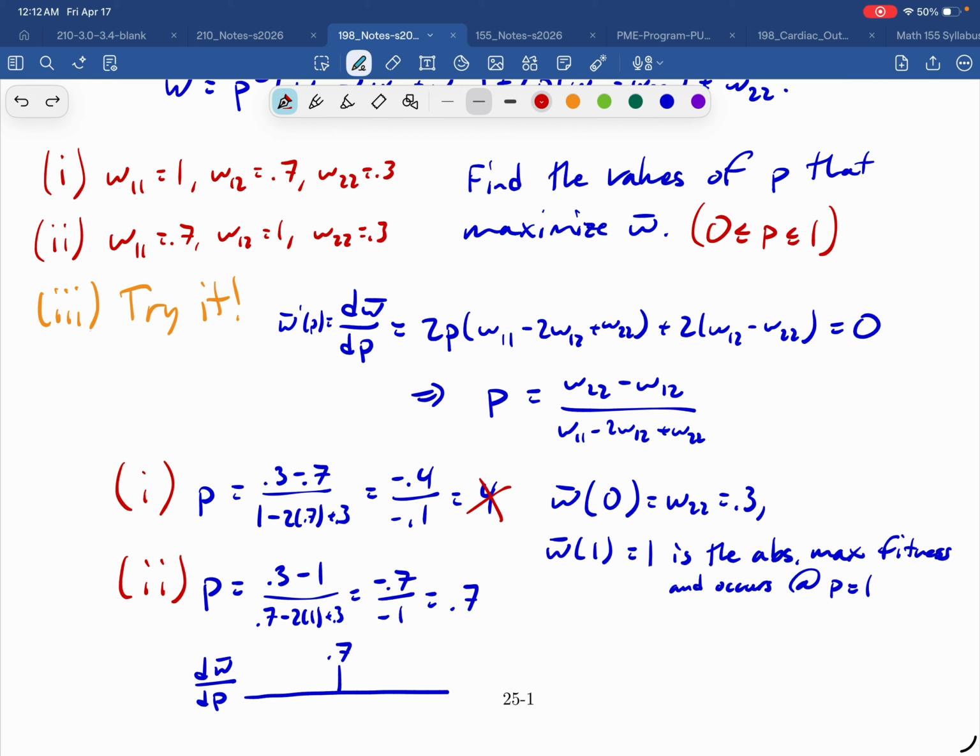So we do, in fact, have a positive derivative before 0.7. And if you plug in a value like 1, you'll see that it winds up being negative.